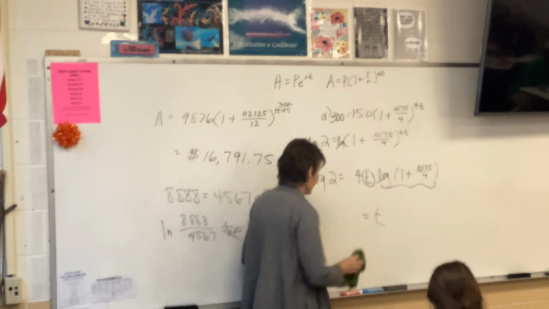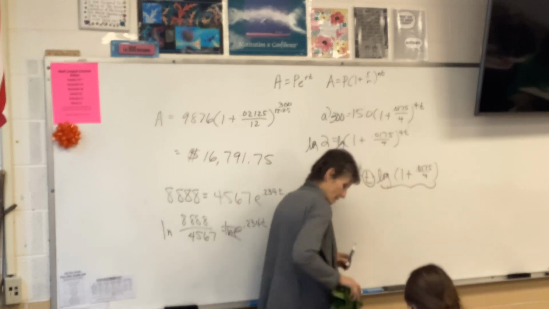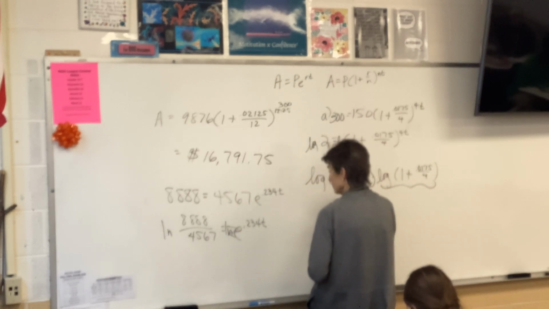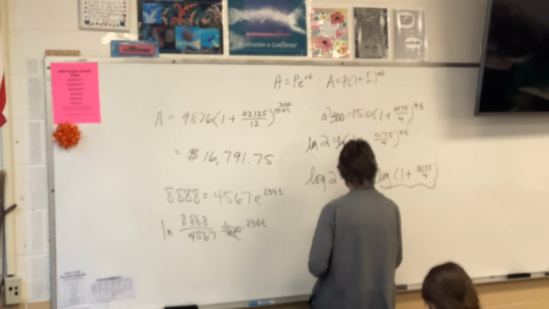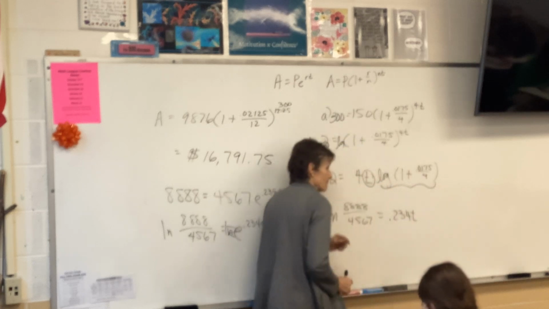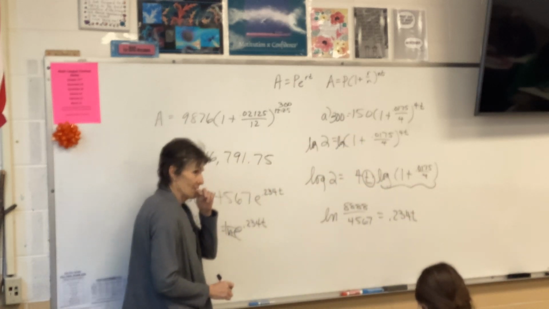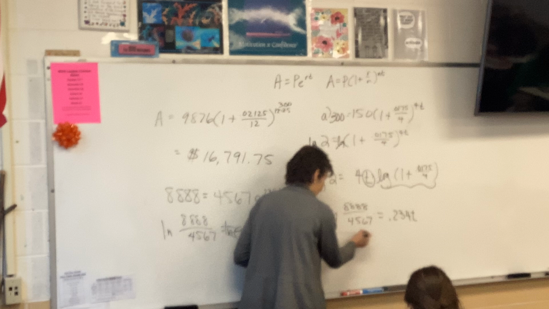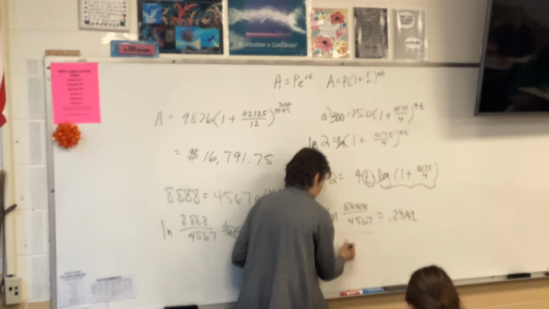So I'm going to have ln of 8888 over 4567 equal to 0.234t. So I need to divide by 0.234.